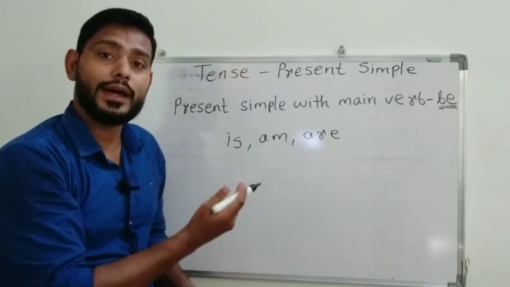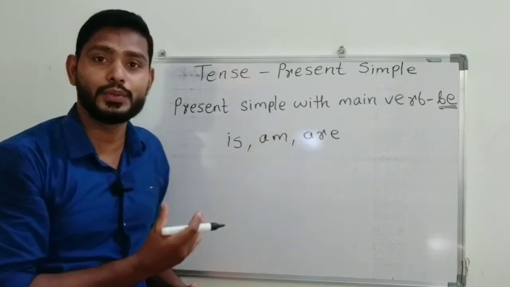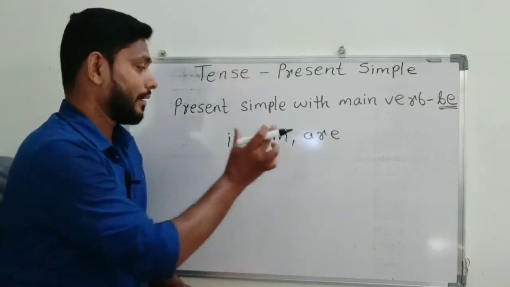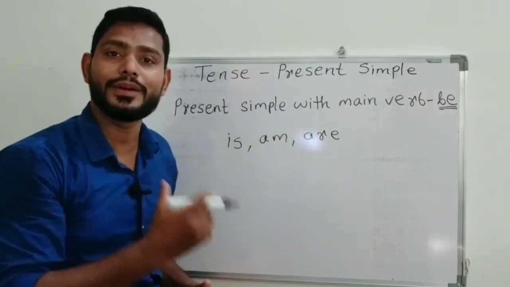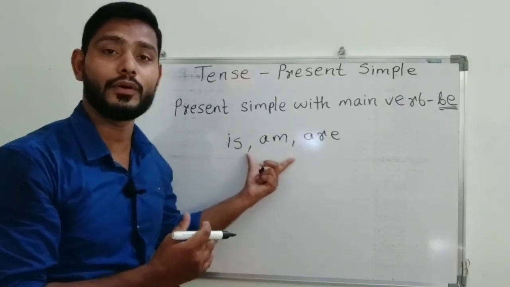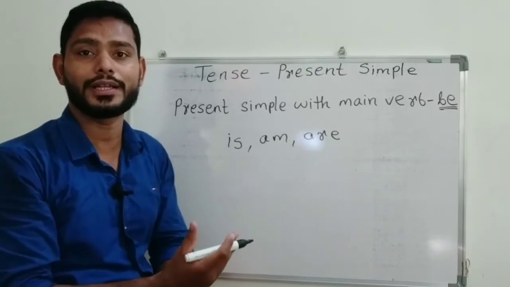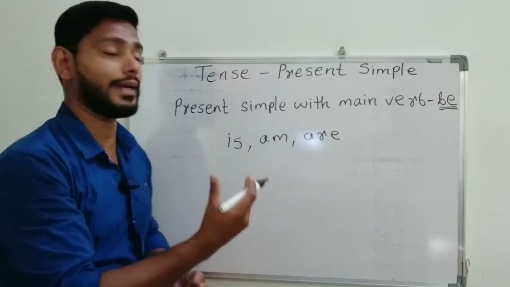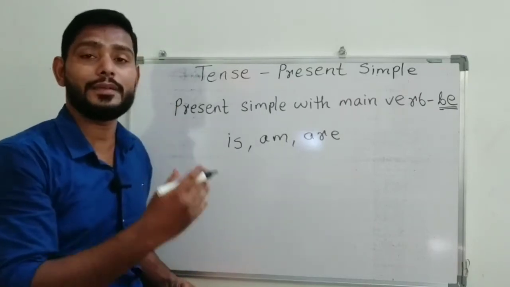To what subjects are is, am, are used? Remember, the forms of be do not follow any verb in simple present tense, because these be forms is, am, are are only used to talk about any general time or general action. Okay, or general situation. General time or general situation.